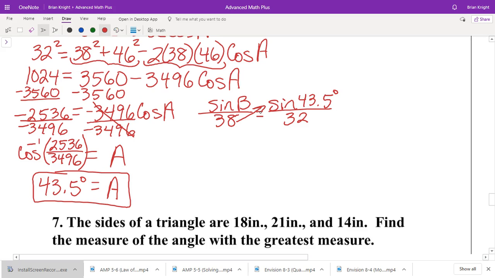Okay? So, again, saving my hand a little writing here. How do I get rid of sine? Inverse sine. So I know from here, B will be the inverse sine of a bunch of stuff. Move your 38 over. Sine of 43.5 divided by 32.